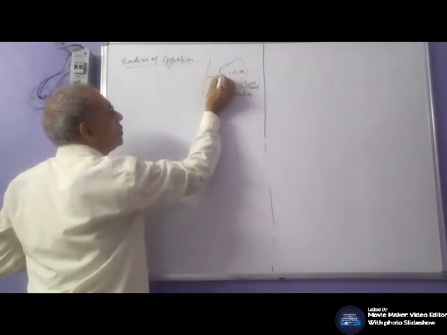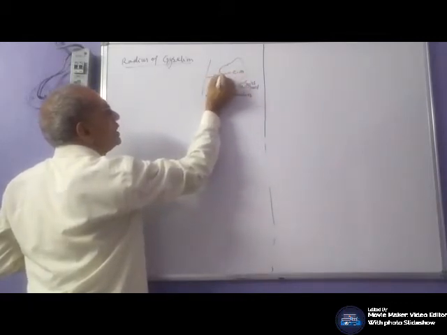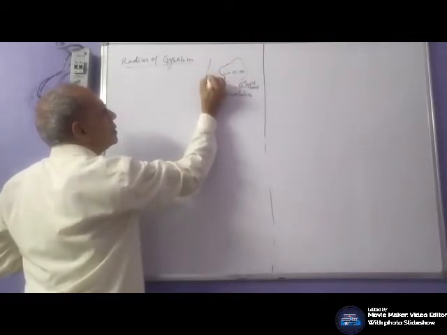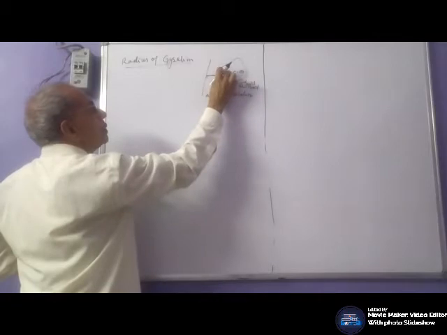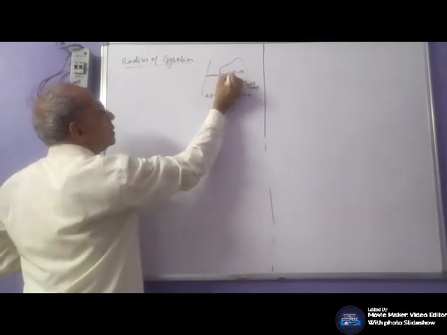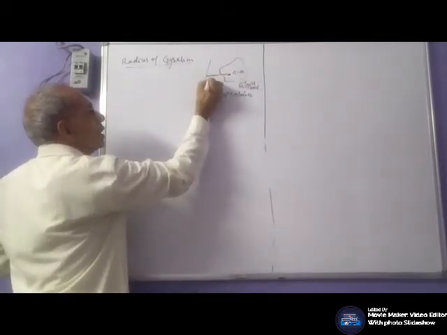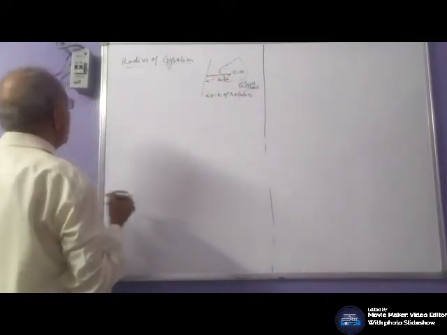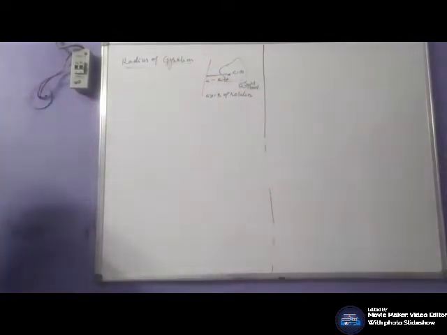This perpendicular distance was K. So this is the definition of radius of gyration.